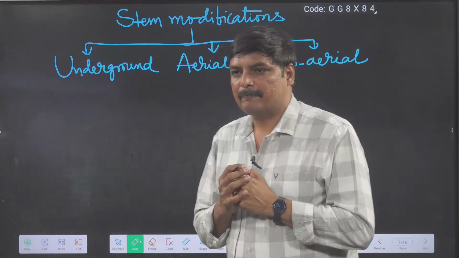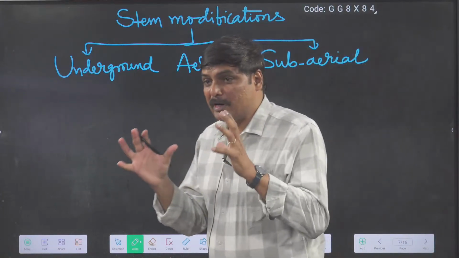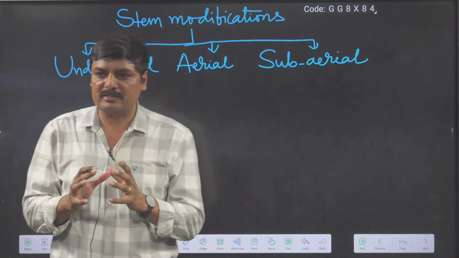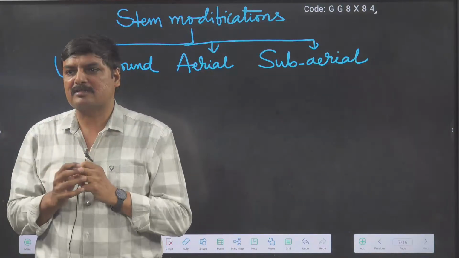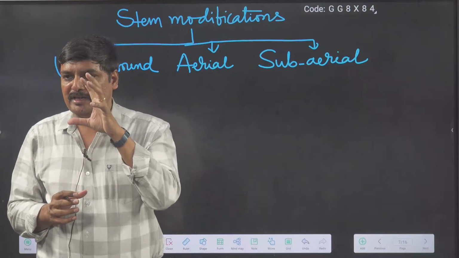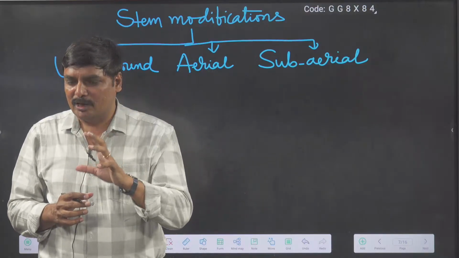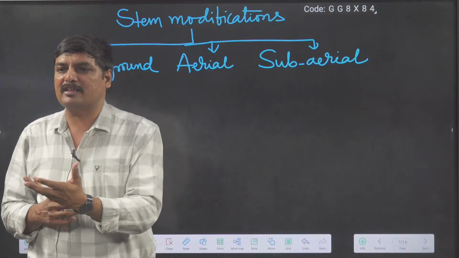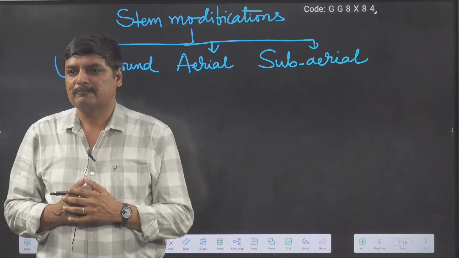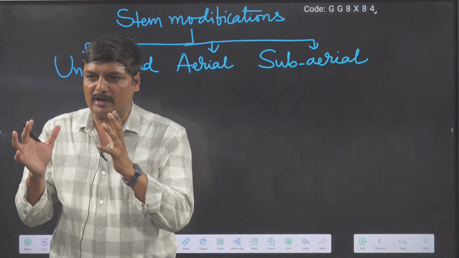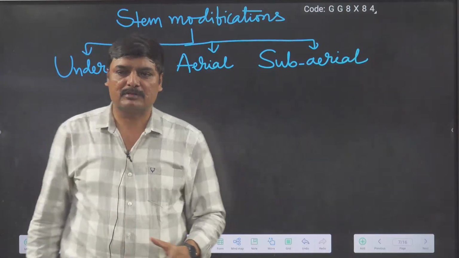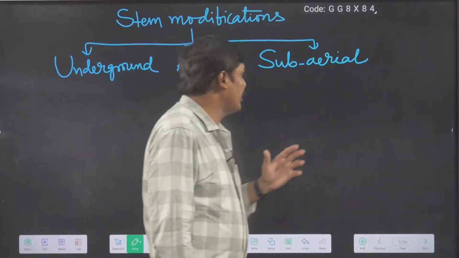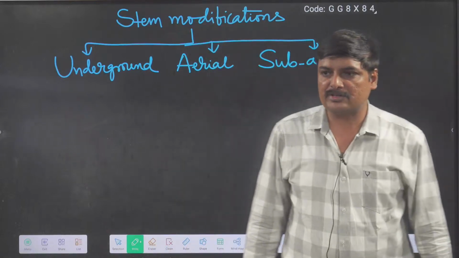Okay? These are permanent changes that occur in some plants. When a permanent change occurs in the structure of a stem to perform new functions other than the normal functions, they are called stem modifications. These stem modifications are broadly divided into three types, namely underground stem modifications, aerial stem modifications, subaerial stem modifications.